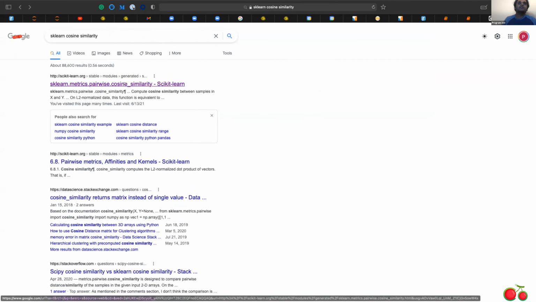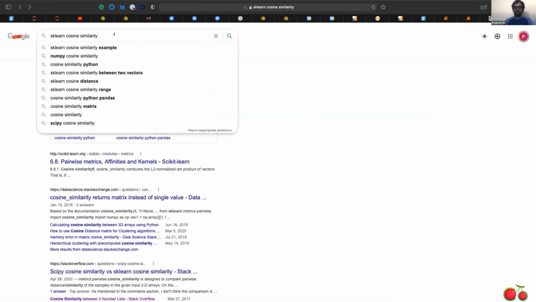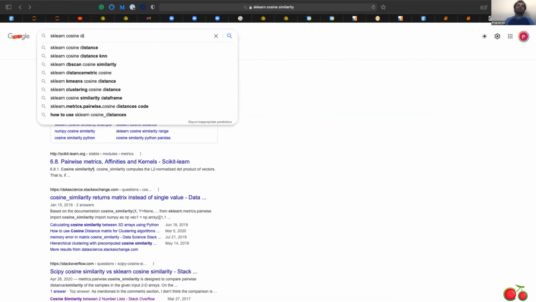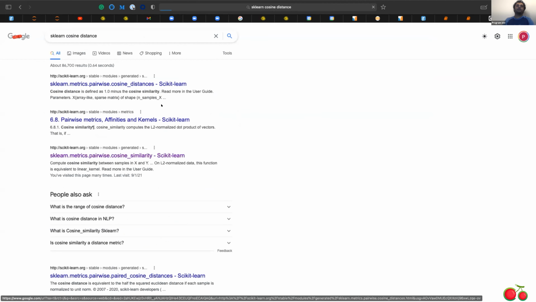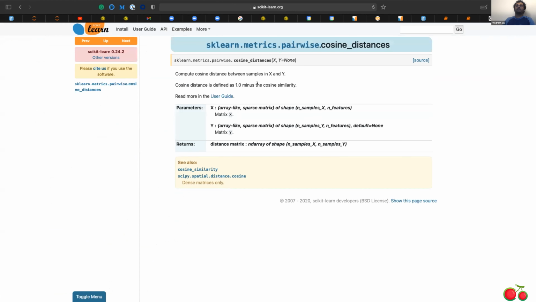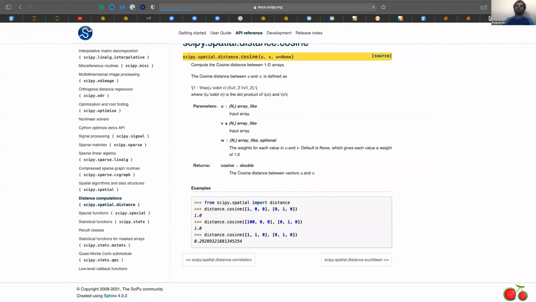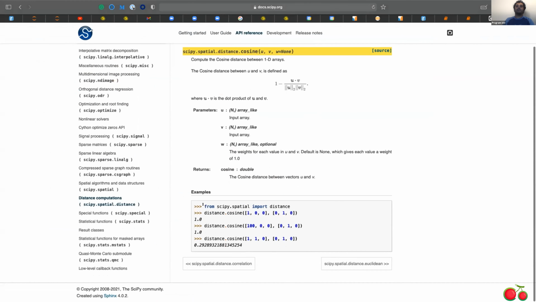So actually this will not give you the value. So wait, cosine distance is what I have to search for, not similarity. Right, so pairwise cosine distance. So this will give you the actual value. There's also a SciPy version of it where you can get the value. So for example, let's try this.